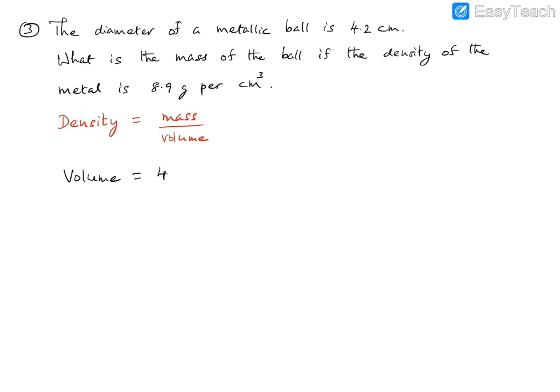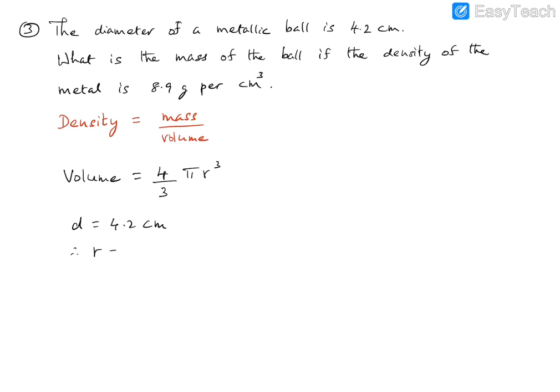Because it's a ball, the shape is going to be a sphere, so we will use the formula for the volume of a sphere, which is 4 by 3 pi r cube. R is going to be 4.2 divided by 2. So diameter D is 4.2 centimeters.